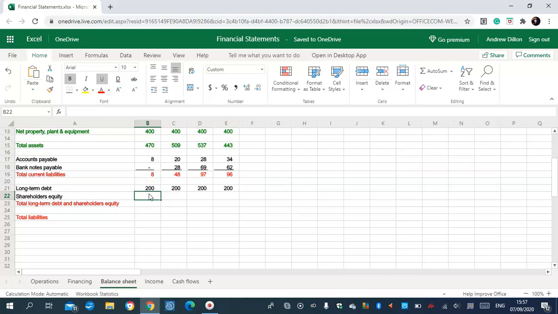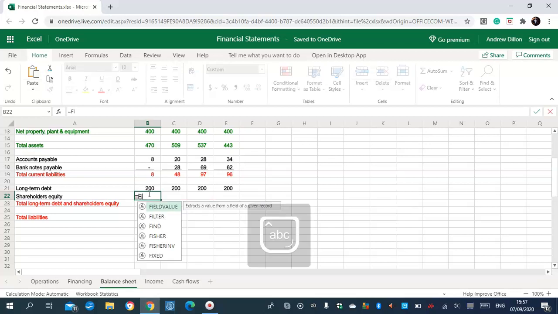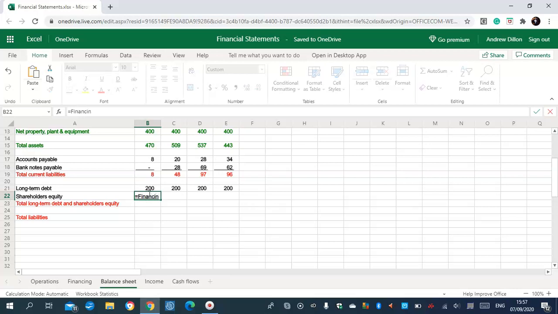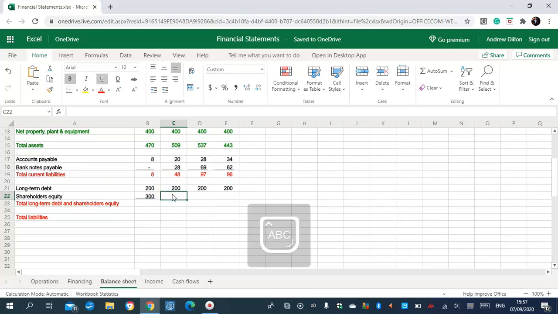Okay, shareholders' equity. This will be a long one. Okay, do another calculation.